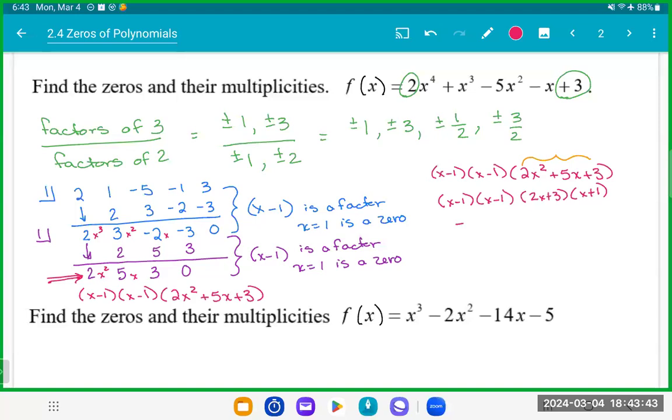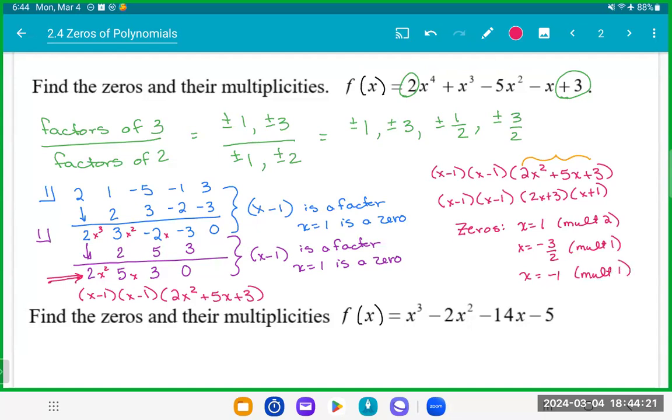So my zeros here would be x equals 1 with multiplicity of 2, and x equal to, what's going to make this here equal to 0 is if x is equal to negative 3/2. That has multiplicity of 1, and x equal to negative 1. Each of these have multiplicity of 1.